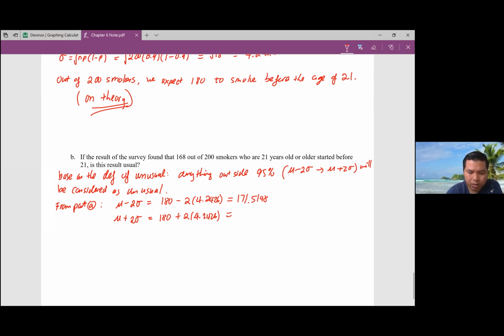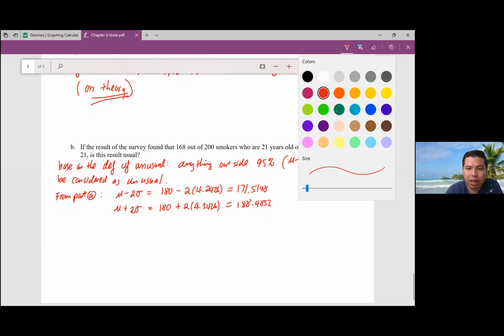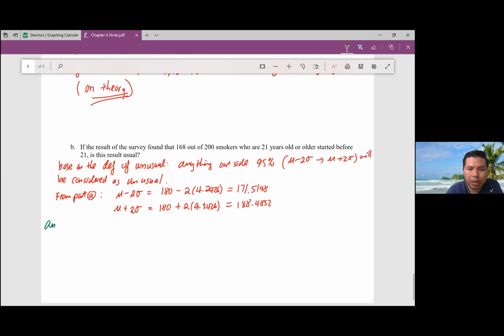So we get 188.4852. So this is what we can make a discussion on. Any number less than 171.5148 or larger than 188.4852 will be considered as unusual.